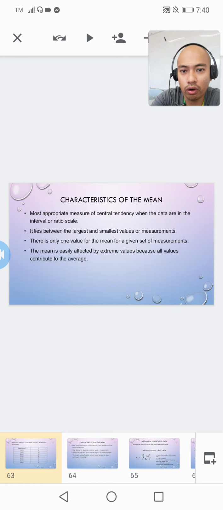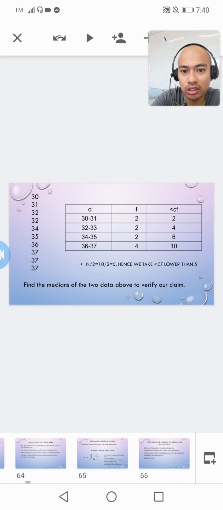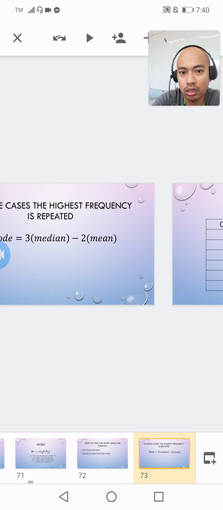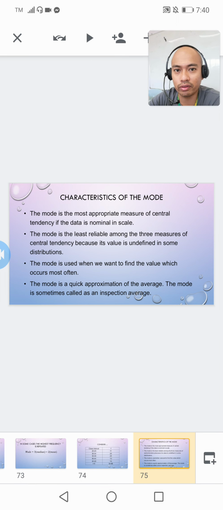Okay? So before I end my discussion about mode, I would just like to give you the important characteristics of this tool under the measures of central tendency. So the first one is the mode is the most appropriate measure of central tendency if the data is nominal in scale. Alright? So sinabi ko na yan kanina, very much appropriate itong tool na ito when your data in your research study is nominal in nature.